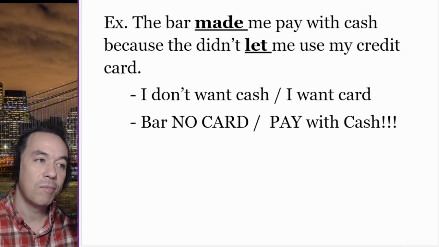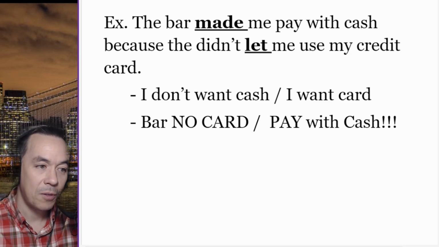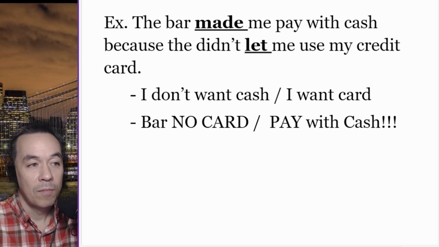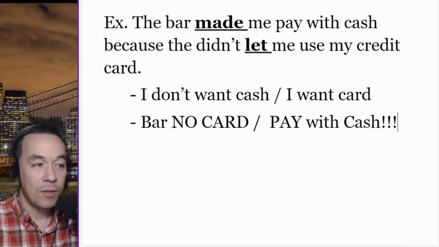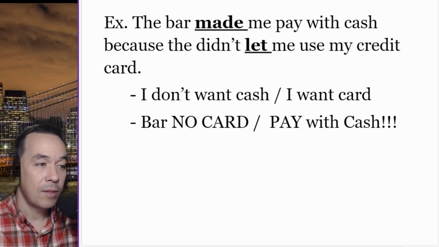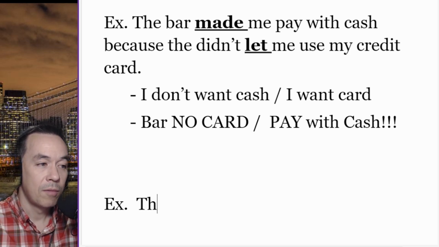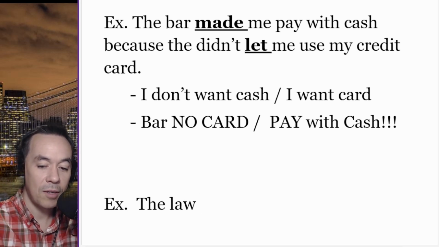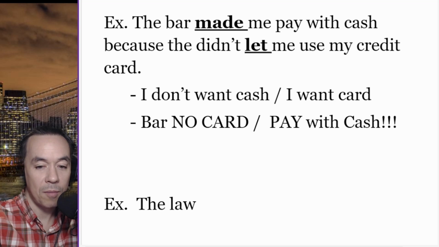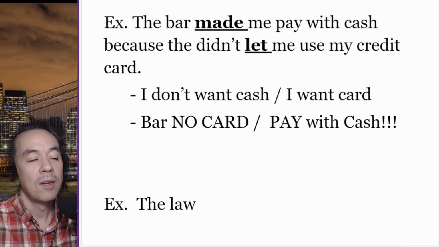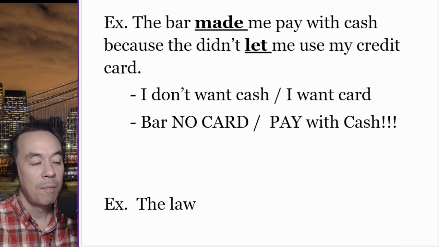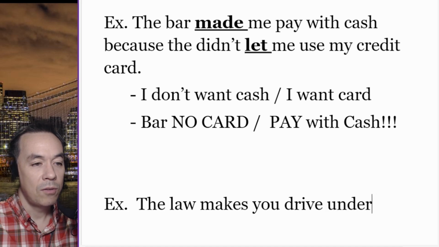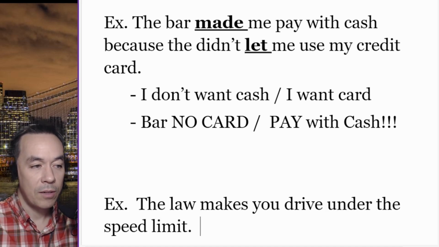So yeah, just go slowly. It's not simple. There's all kinds of topics. This is actually, for example, the law. If you live in a country with a government, the powers are in the law. The law makes you drive under the speed limit.